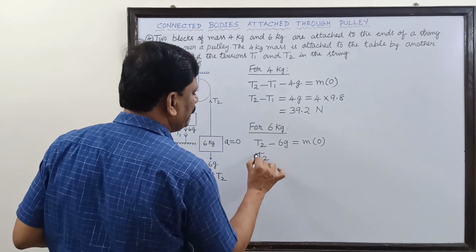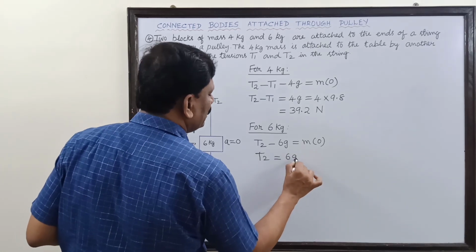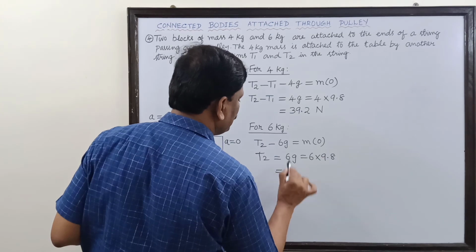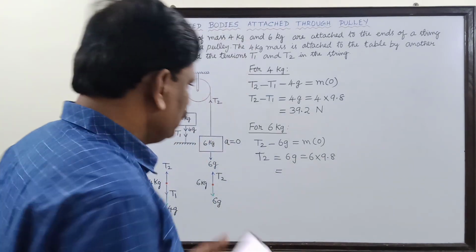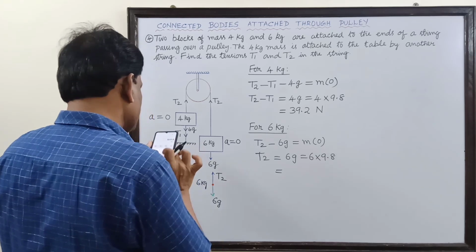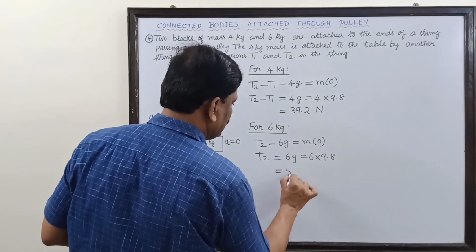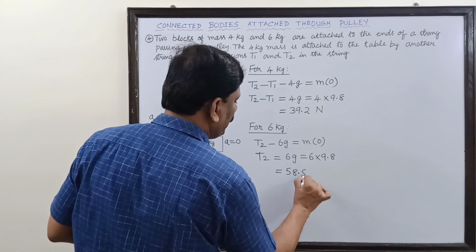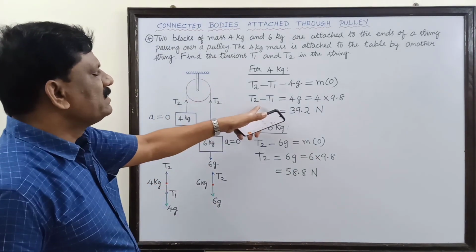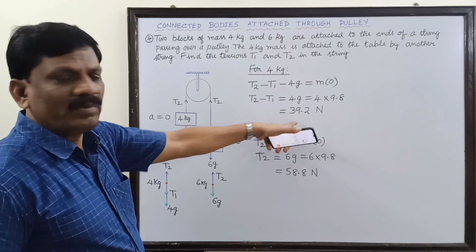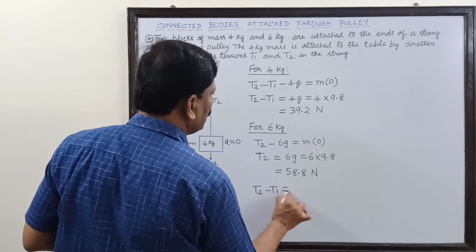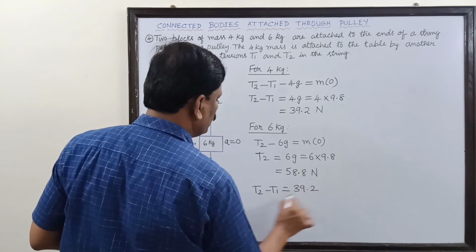So T2 must be equal to 6g, and this is 6 into 9.8, which is equal to 58.8 Newton. So T2 minus T1 is equal to what? 39.2.